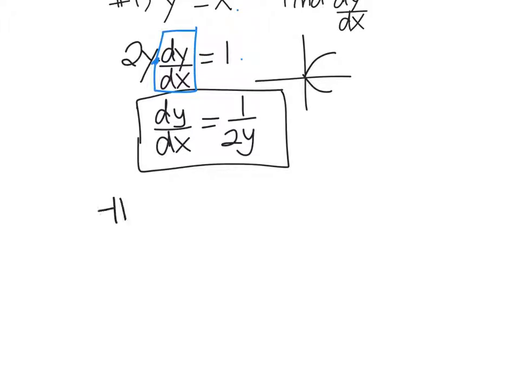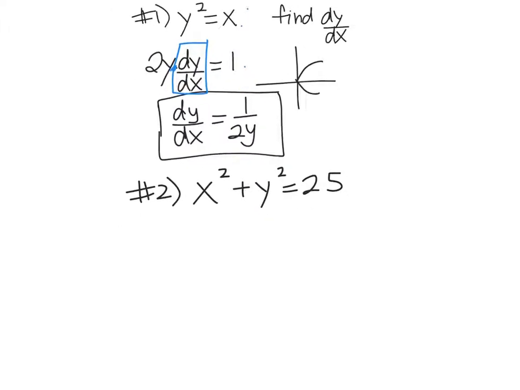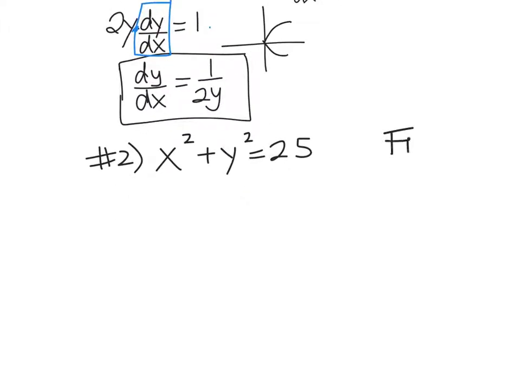I'm going to give you a circle centered at the origin with radius 5. x squared plus y squared equals 25. There's a circle. We are going to find dy/dx. Basically, we're solving for dy/dx. So let's take the derivative of every single piece.